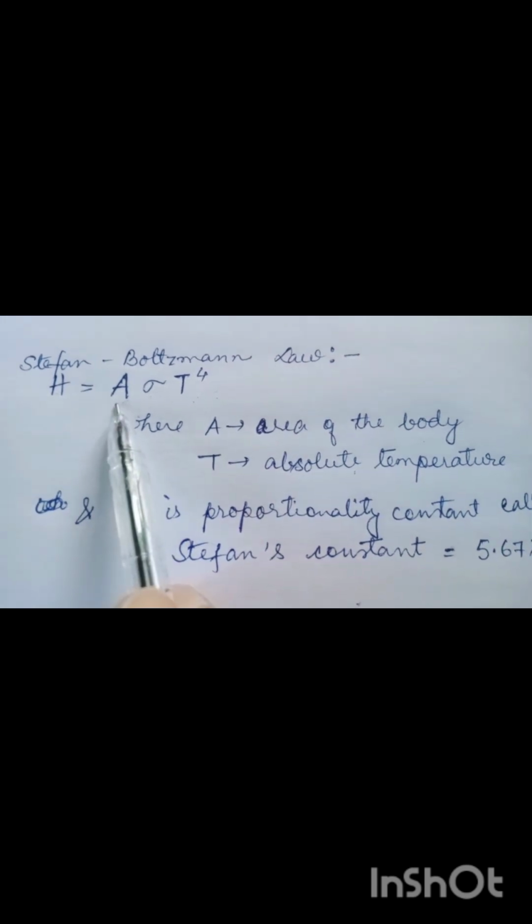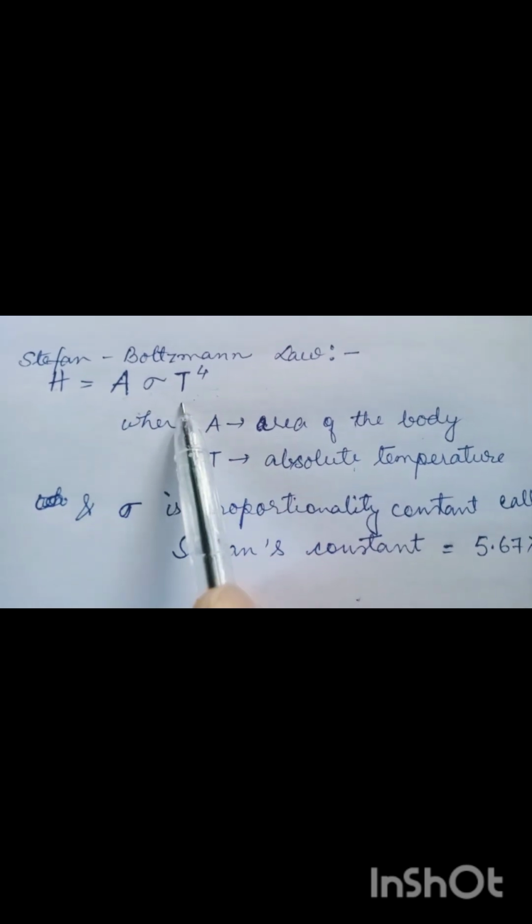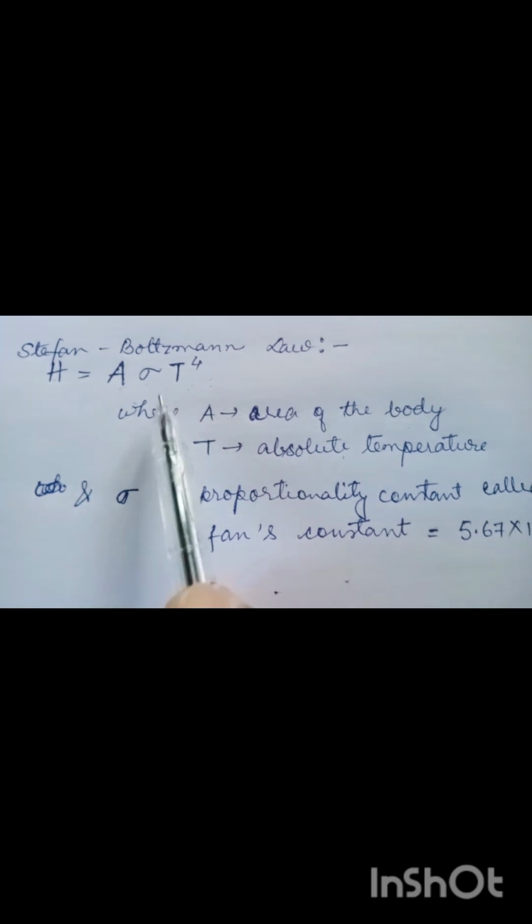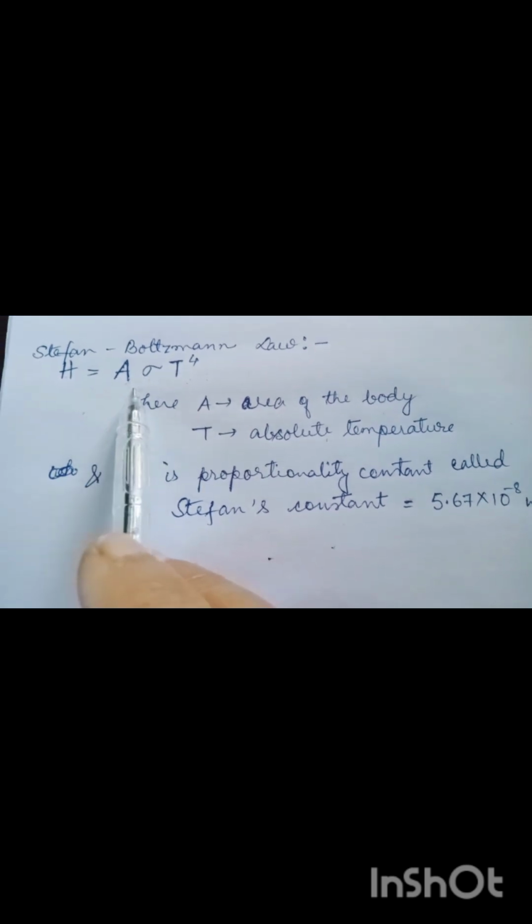So A is the area of the body, T is absolute temperature, it is with power 4, and sigma is the proportionality constant called Stefan's constant, and its value is 5.67 into 10 to the power minus 8 watt per meter square Kelvin to the power 4. So this relation is called Stefan-Boltzmann law.